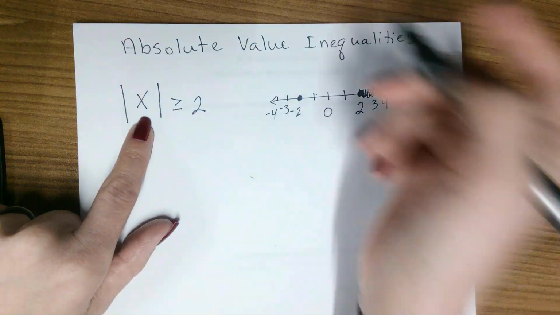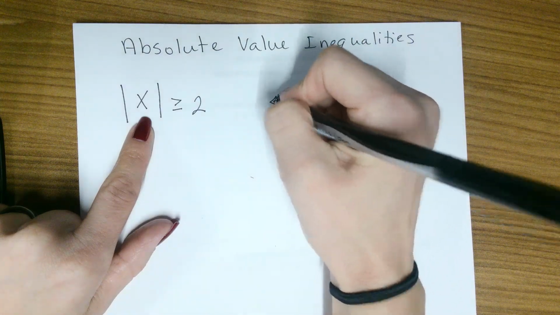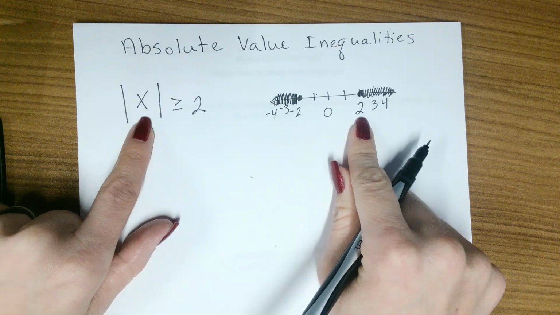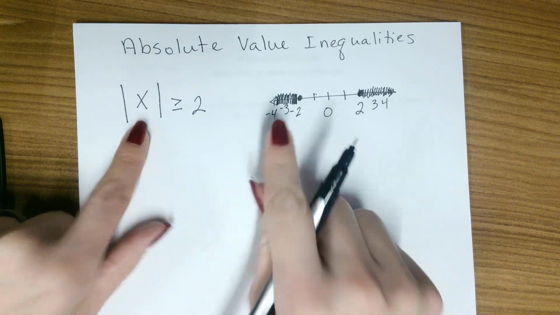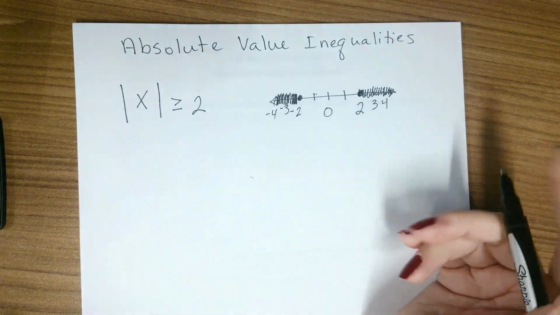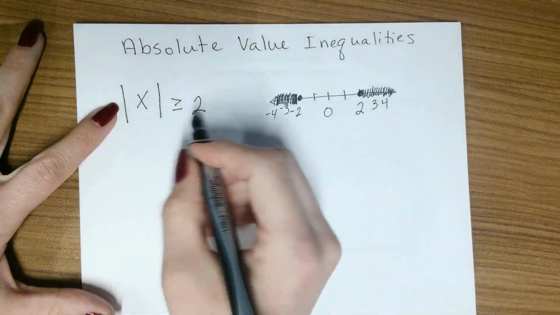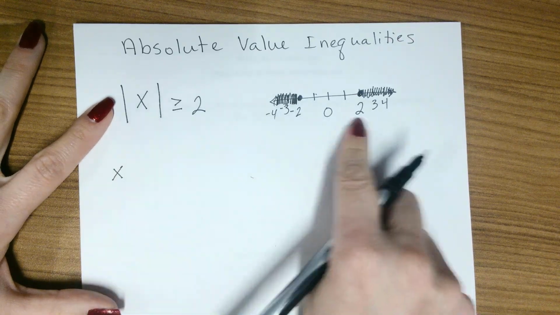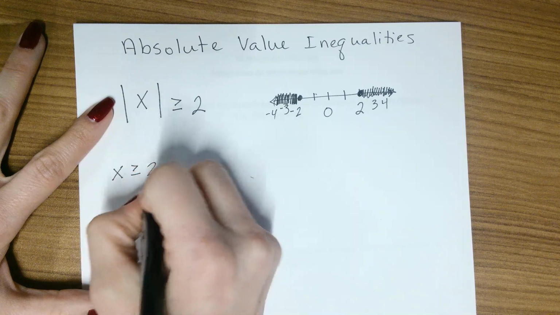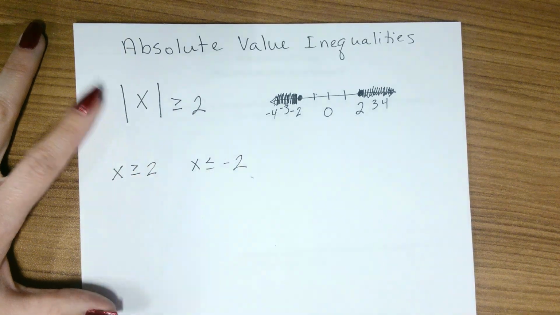So I could have taken the absolute value of anything greater than or equal to positive 2 or less than or equal to negative 2. So what does that mean about how my absolute value inequality breaks apart? Well, the absolute value of x greater than or equal to 2 would then break apart into x greater than or equal to 2, or x less than or equal to negative 2.